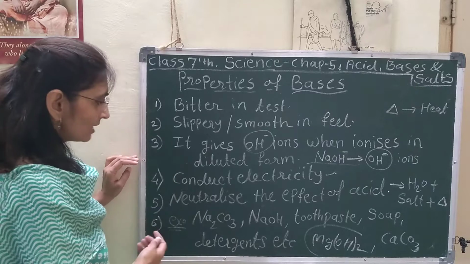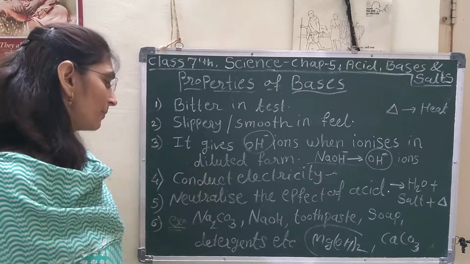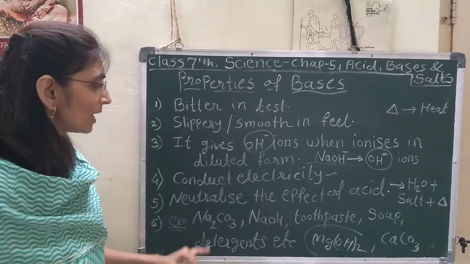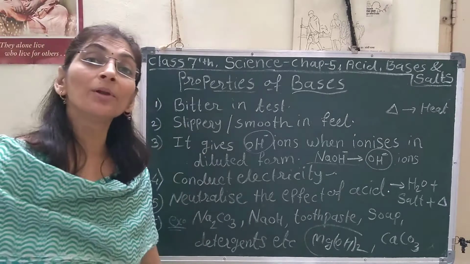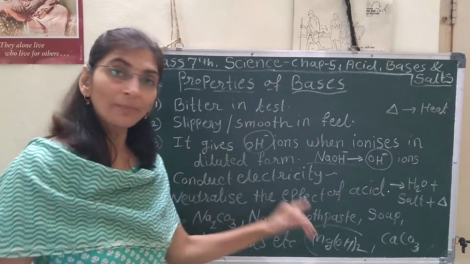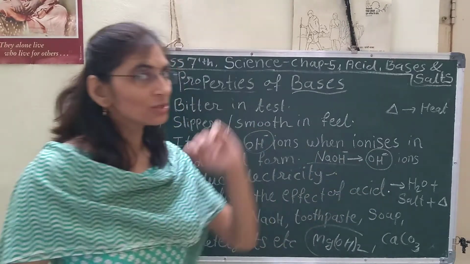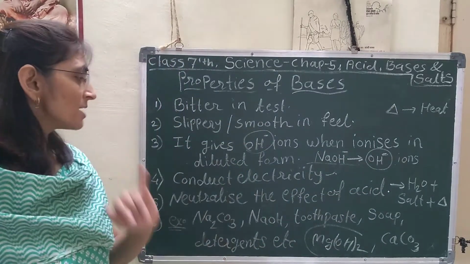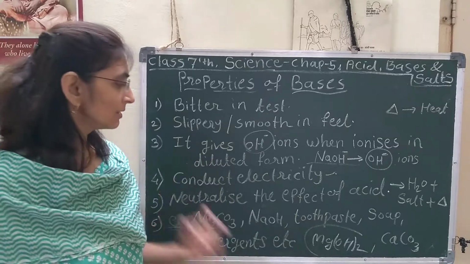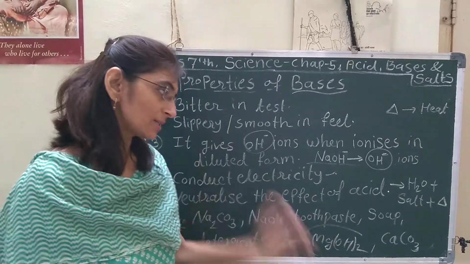The next point is examples of bases. There are many examples. Sodium carbonate, sodium bicarbonate as well, and sodium hydroxide. In toothpaste also base is present. In soap also base is present. Detergents also have bases. Then milk of magnesia that we use as an antacid, we have discussed.